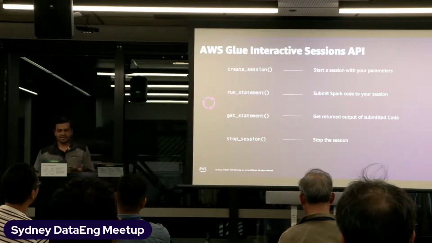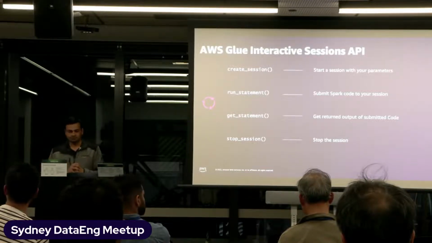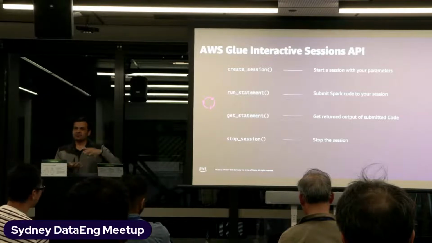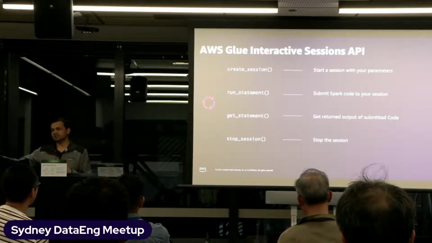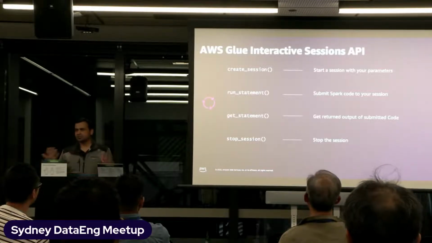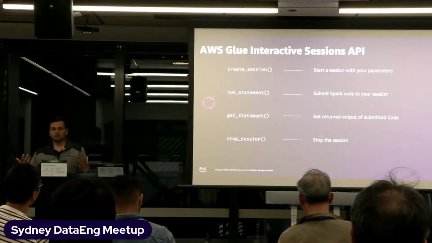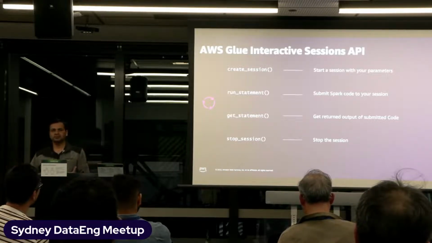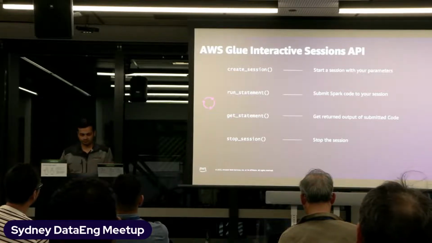Create session, as the name indicates, spins up a Spark environment, which is isolated so that you don't get the noisy neighbors problem. Run statement is when you have written Spark code, you can send it and it executes in that Spark environment. Get statement gets the results back, and stop session kills that session. What that means is you can use it in your own applications and interact with your data sets using powerful Apache Spark compute.